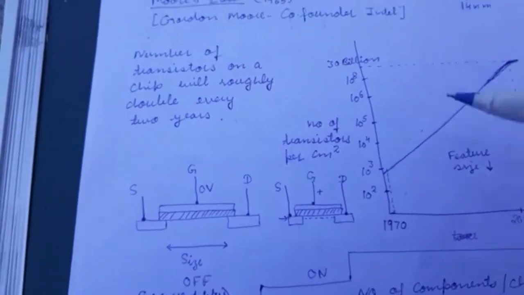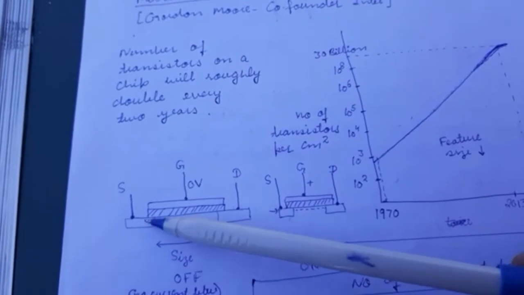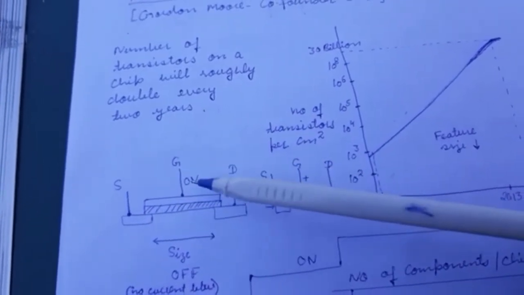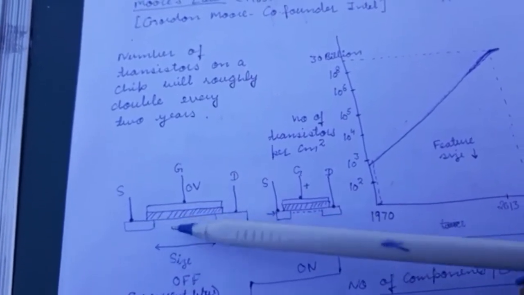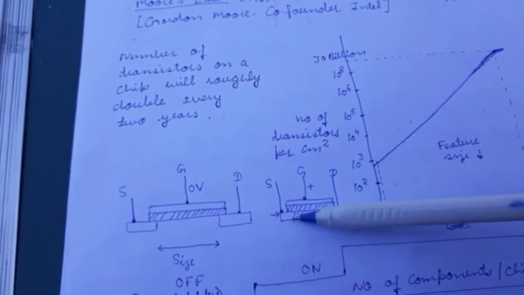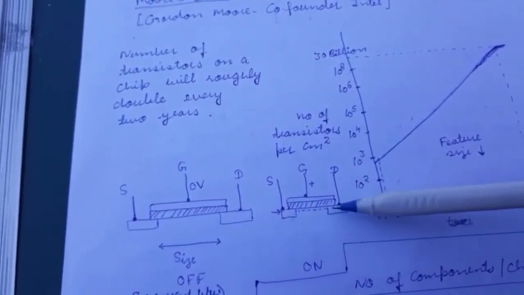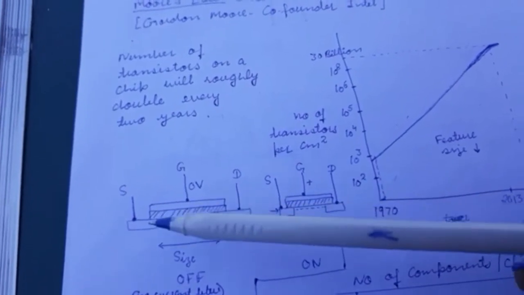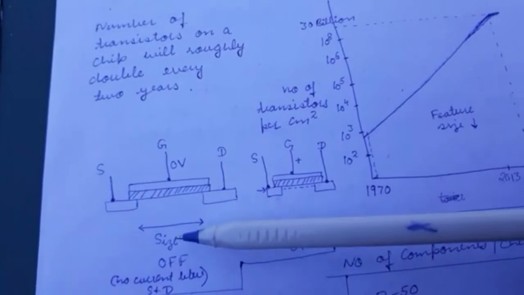This is because you see that in a transistor, in a FET, you have a source, drain and a gate. So if there is no voltage applied on the gate, then no current can flow through source and drain. But if there is some potential, then a conducting region is formed and a current can flow between source and drain. So this distance between source and drain is actually the limiting size, the feature size that we are talking about.